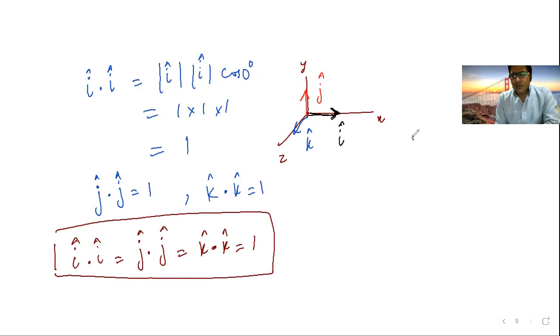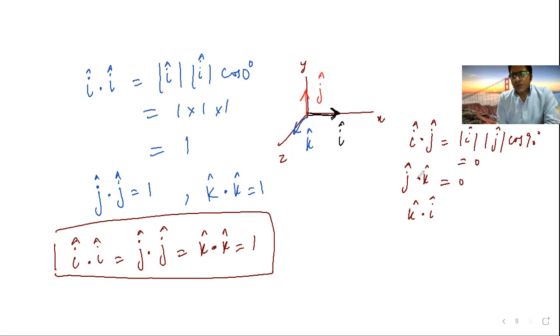Now what about I dot j, j dot k, and k dot I? See, it will be magnitude of I into magnitude of j into cos 90, because I is pointing along positive x, j is pointing along positive y, angle is 90, cos 90 is 0, so it will be 0.